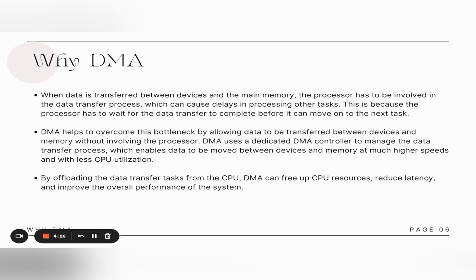DMA uses a dedicated DMA controller to manage the data transfer process, which enables the data to be moved between the devices and memory at much higher speeds and with less CPU utilization. By offloading the data transfer task from the CPU, DMA can free up CPU resources, reduce latency, and improve the overall performance of the system.